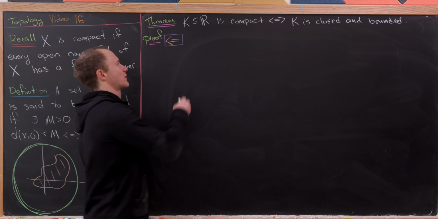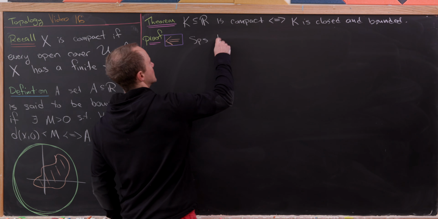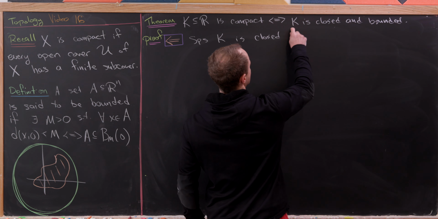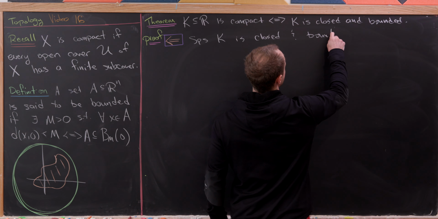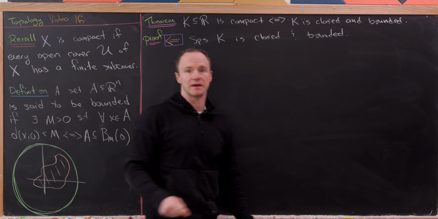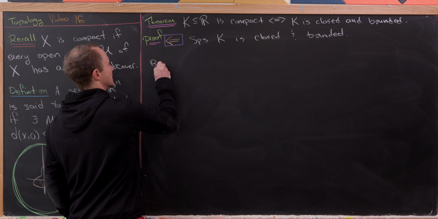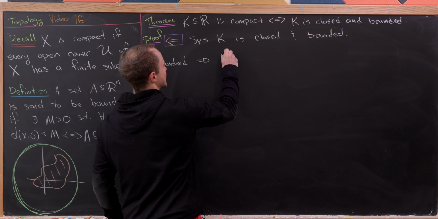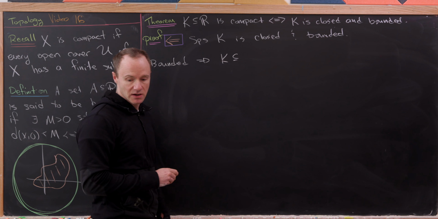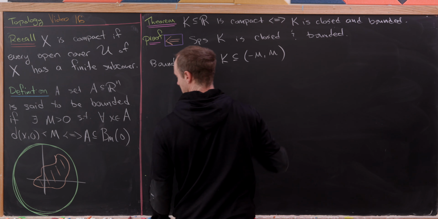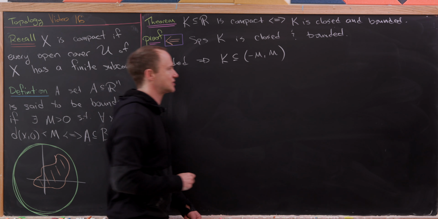All right, so now for the reverse direction, let's start by supposing that K is closed and bounded. And now we want to end up with K being compact. And let's observe that bounded implies that K is contained within, well, we could write this as minus m to m, just like using our definition of boundedness.